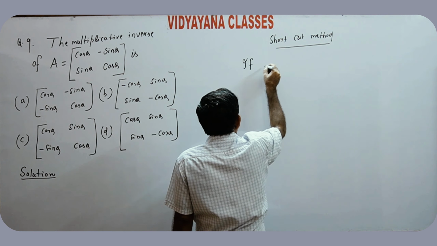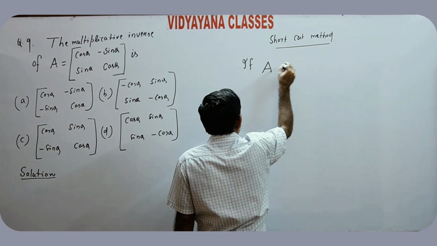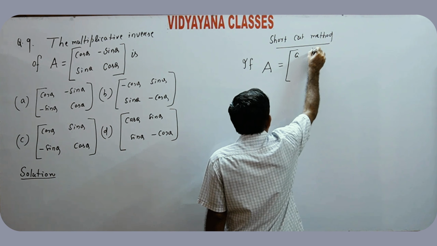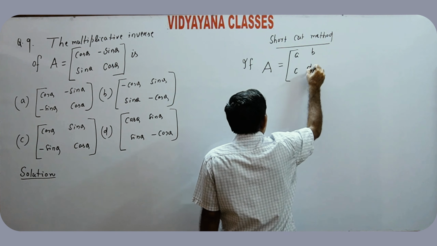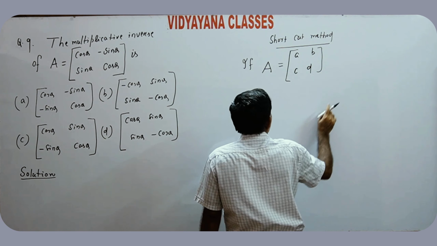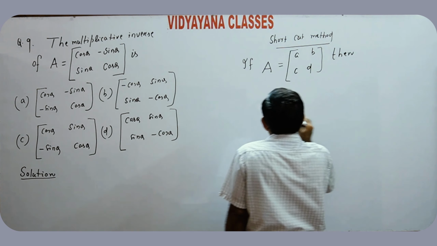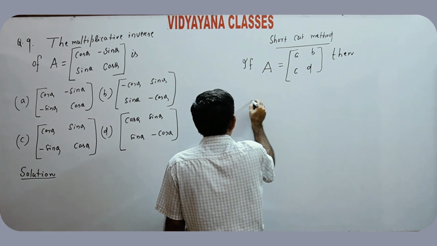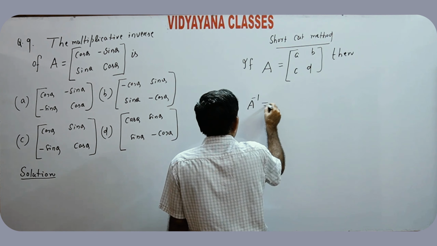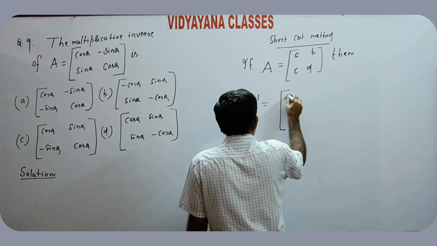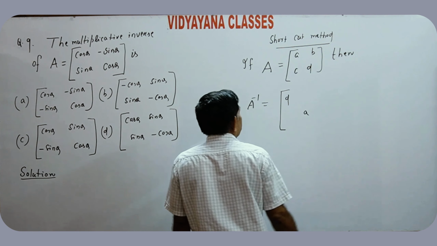If capital A is a square matrix of order 2, then A inverse is equal to adj A.